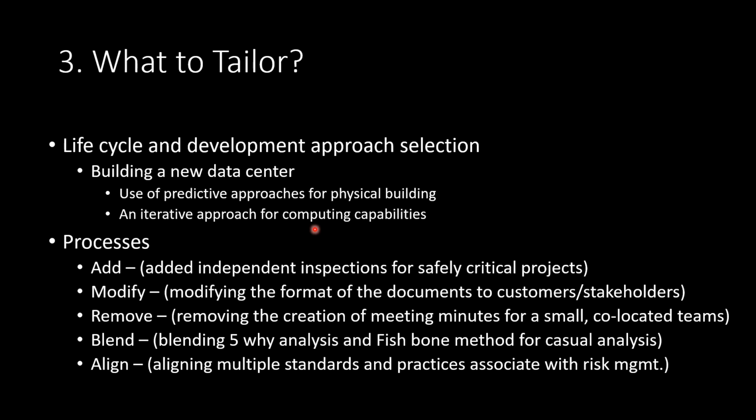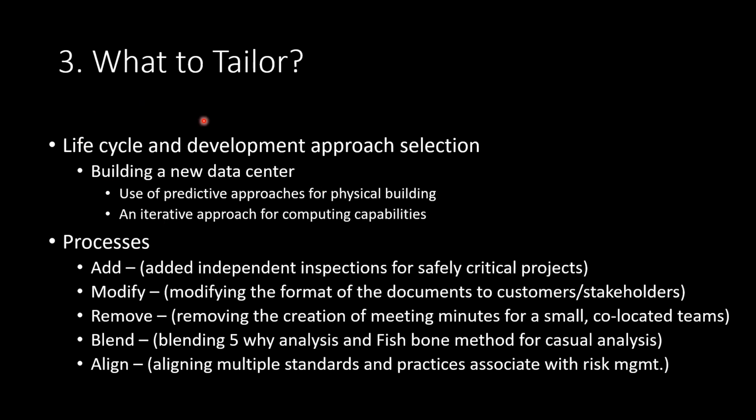The team working on the physical building will use only a predictive approach, while the team building computing capabilities will take an agile approach. So you can tailor and use a hybrid approach for building a new data center. Similarly, based on the product or project context, goals and stakeholder needs, you can identify your life cycle and development approach.